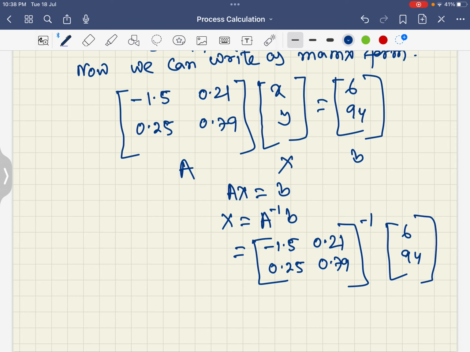Now if we solve in Excel, we'll get X like that: the matrix will be 12.12 and another will be 115.15.